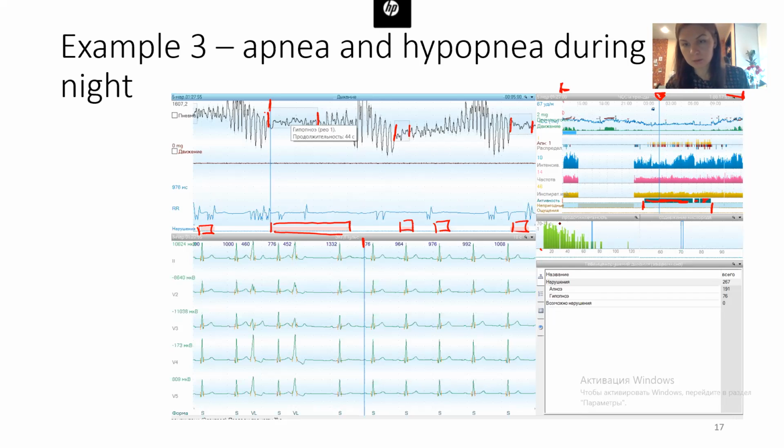We also have a table with statistics: how many apneas, hypopneas, and the total value of these sleeping disorders. So you see that there is a lot of information on one screen.